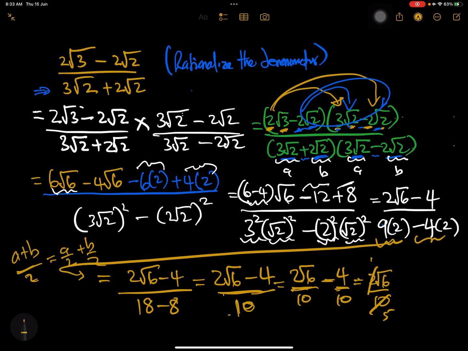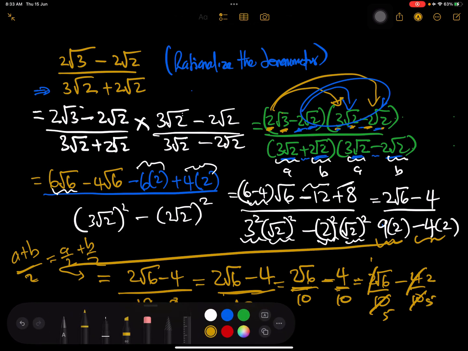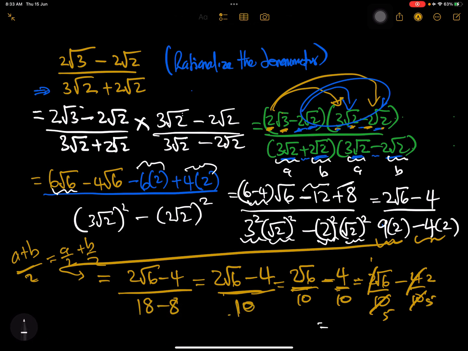And then this minus 4 over 10, you get 2 goes here 2, it goes here 5. So we are going to have it simplified as 1 over 5 square root of 6 minus 2 divided by 5, and that's our final answer.